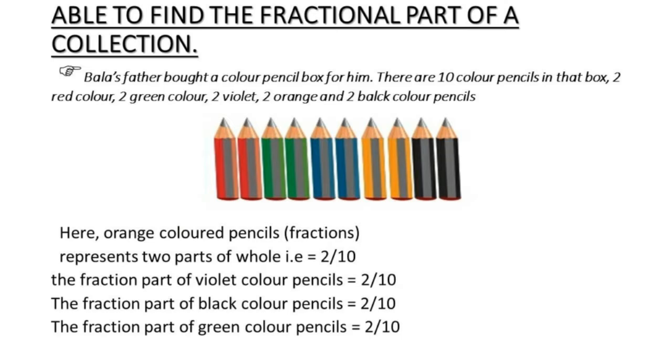The fraction part of violet color pencils is 2 out of 10. The fraction part of black color pencils is 2 out of 10. The fraction part of green color pencils is 2 out of 10.